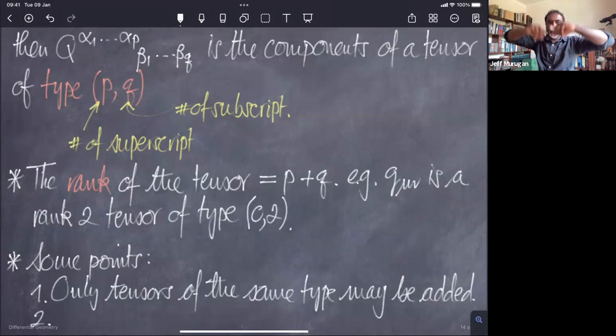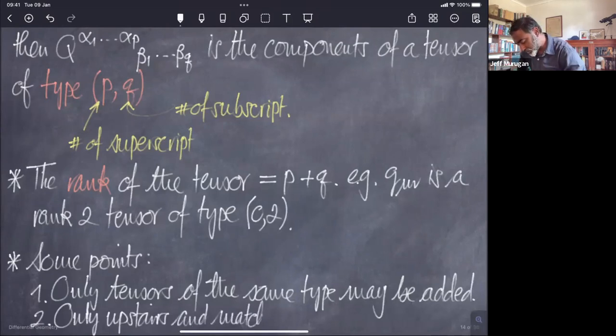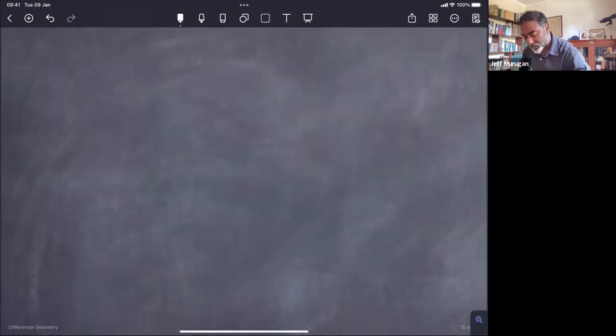So only upstairs and matching downstairs indices can be summed in the Einstein convention.